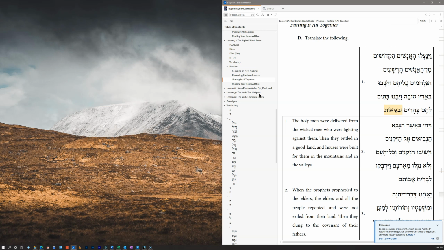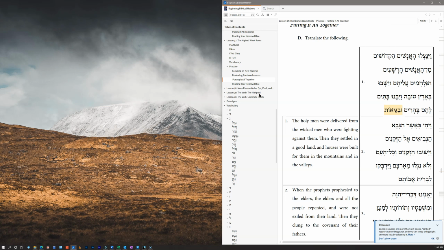So the only difference, practically maybe, between imperative, cohortative, and jussive is whether it's second person, first person, or third person. They're all doing the same type of thing. They're just doing it with respect to different people. So again, think of the jussive as an imperative. It's just a more indirect imperative.